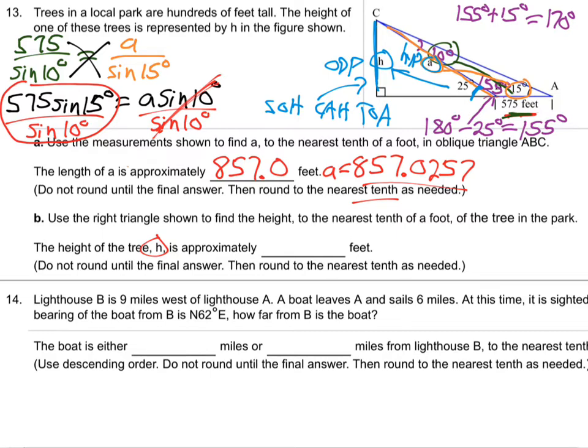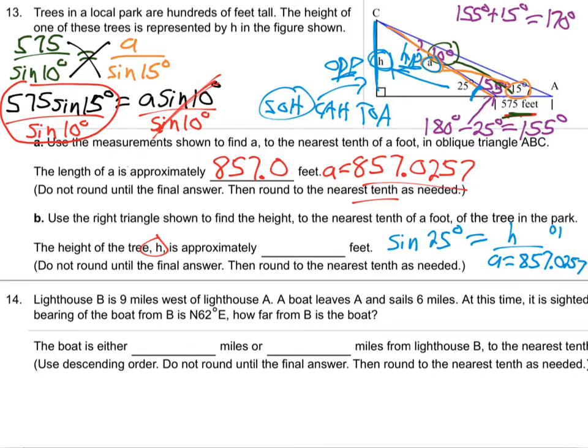So I'm looking at opposite and hypotenuse. That's sine. So the sine of the 25-degree angle is H over the hypotenuse, which is A, which is 857.0257.